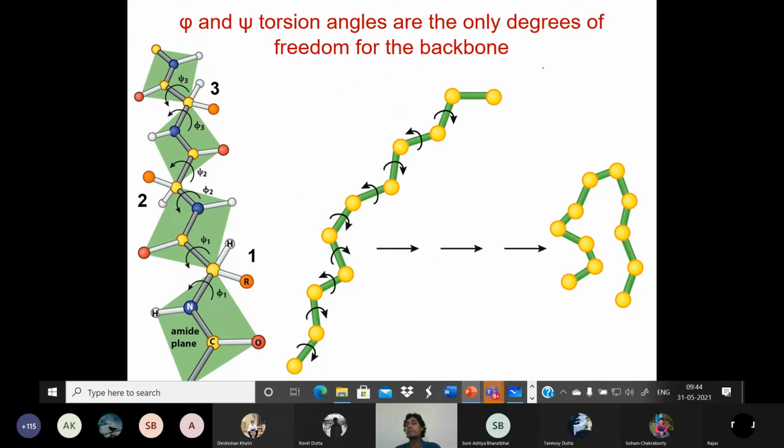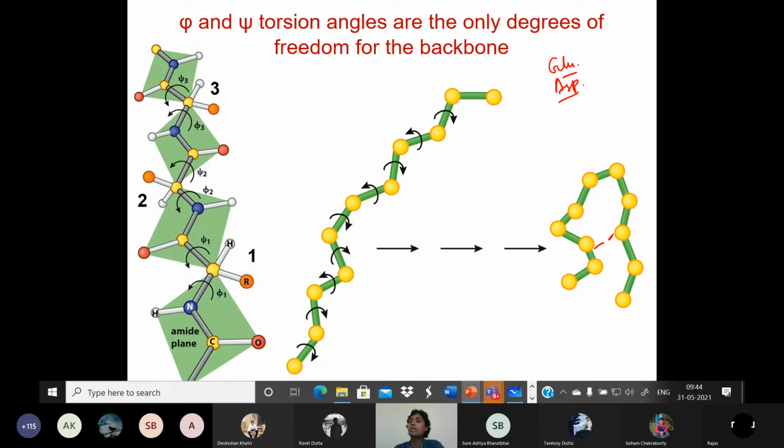Although you don't need to remember, some side chains are negatively charged, for example glutamic acid and aspartic acid. So if you have aspartic acid here and glutamic acid here, they are very close by, they will repel each other, right?